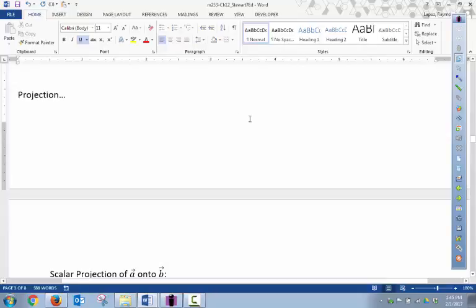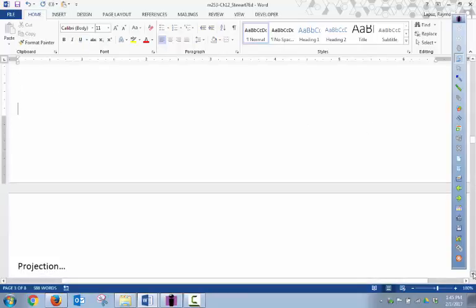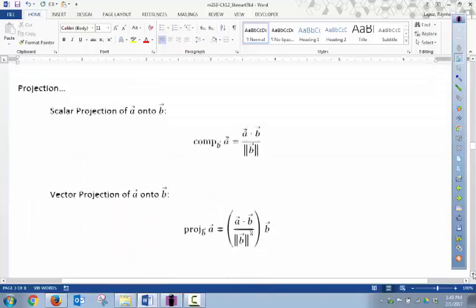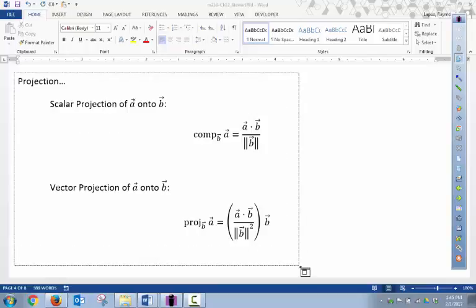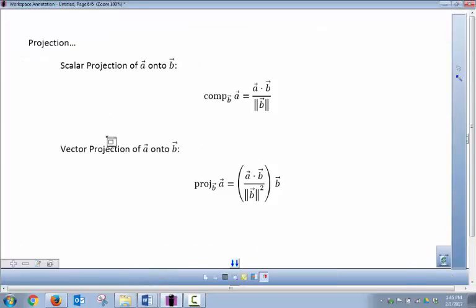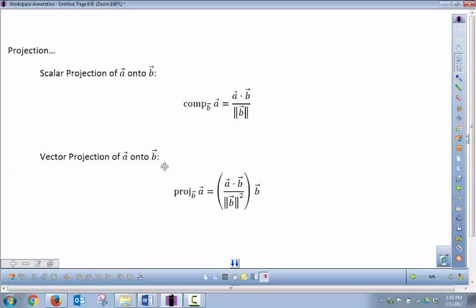All right, projection. So one of the important applications of the dot product is the idea of being able to project something onto something else. And in the book, they define 2 types of projection. One of them is a scalar projection. The other one is a vector projection.